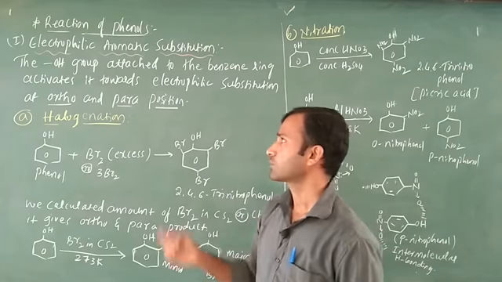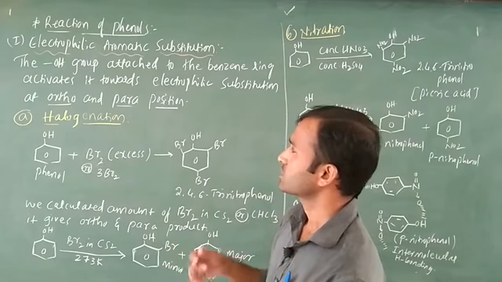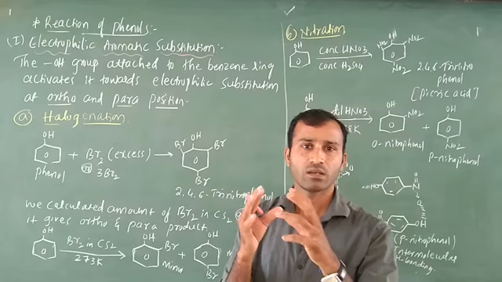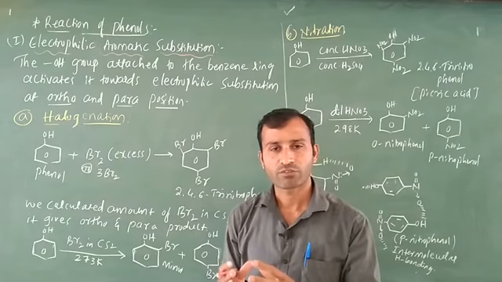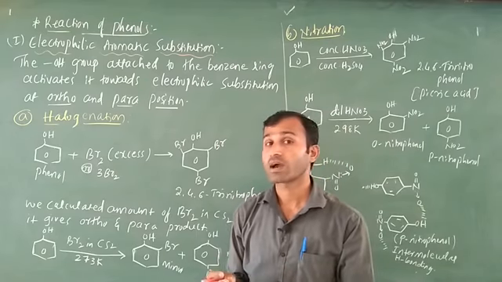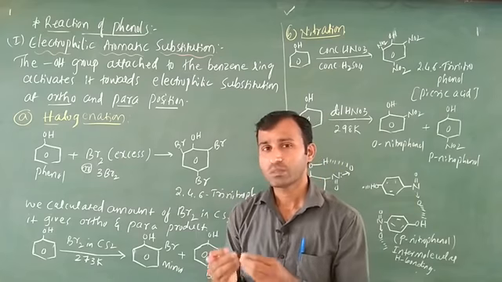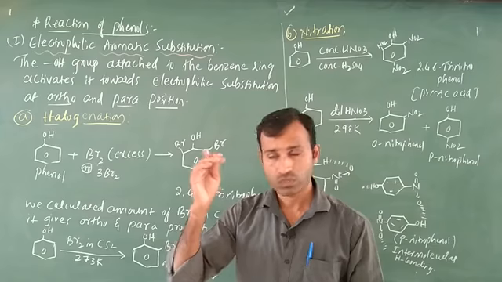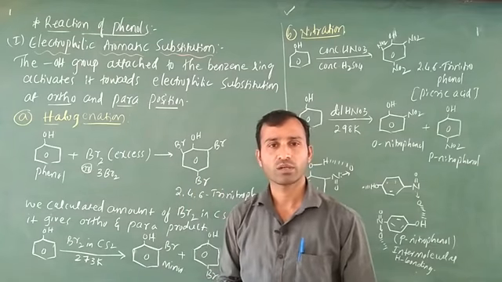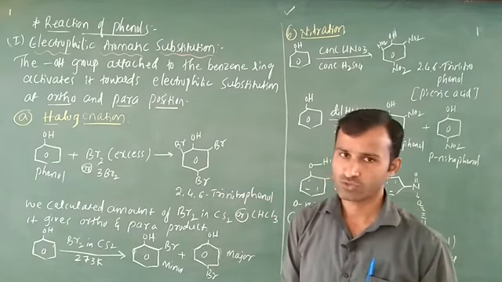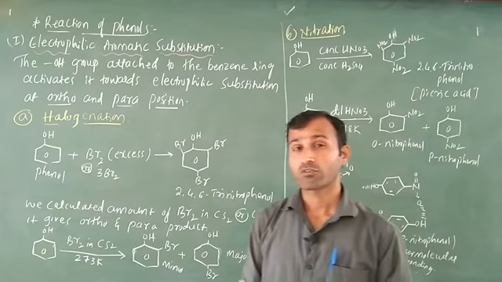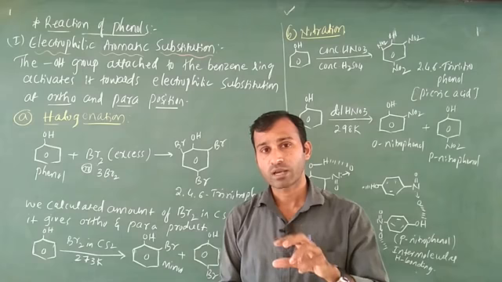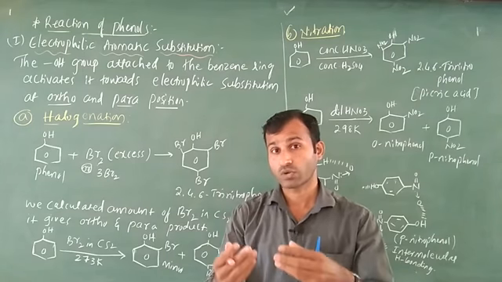In electrophilic aromatic substitution, if the OH group is attached to a benzene ring, that indicates phenol. Phenol is an ortho and para directing group. What is the meaning of ortho and para directing group? The incoming electrophile is going to attack only at the ortho and para positions, not the meta position, because the incoming electrophile has a positive charge. In phenol, the ortho and para positions have more electron density, negative charge.